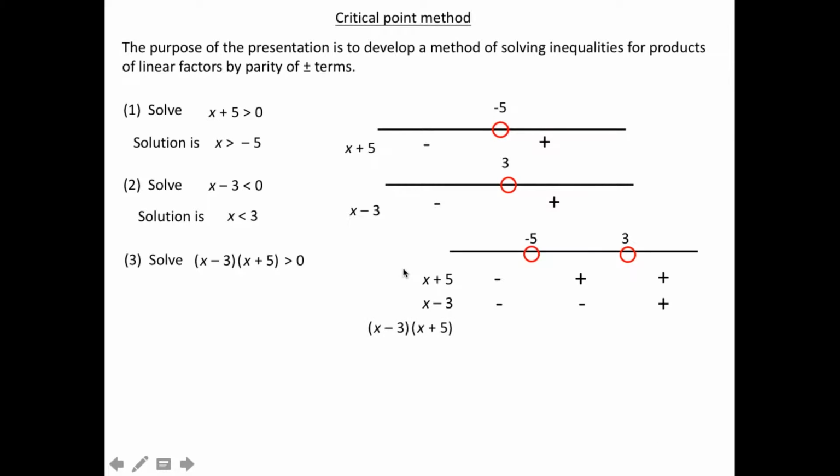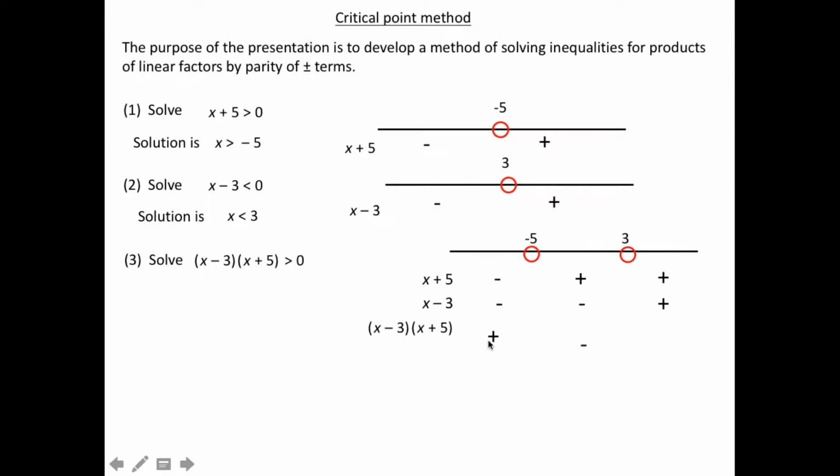Now, we're going to start multiplying these both together to get x minus 3 times x plus 5. We find in the first region here, x is less than minus 5. Negative values given by x plus 5 and x minus 3 will give us a positive value, as negative times negative is positive, as you should know.